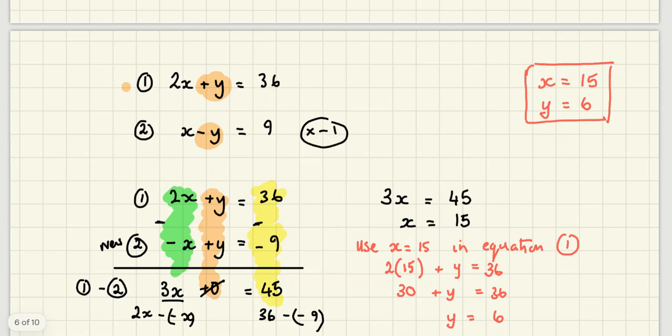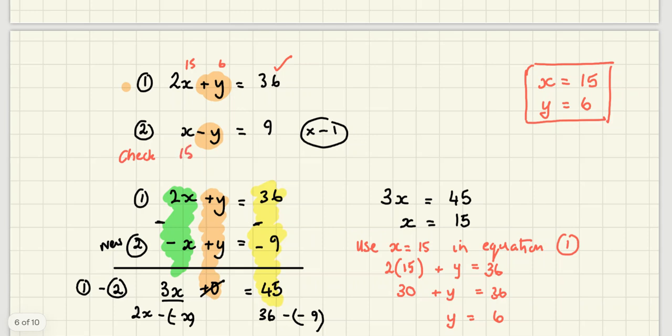So just checking, we've got 15 and 6. We used equation 1, so we know that 15 and 6 works with that one. But if I'd made a mistake with the x is 15, I would have still got a number for y, no problem, but it wouldn't work in this one. So we should just check that it works in equation 2 as well.